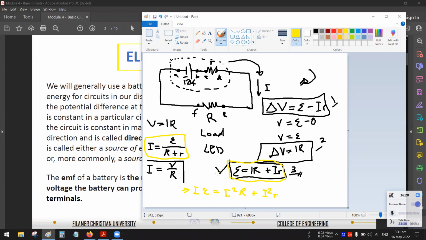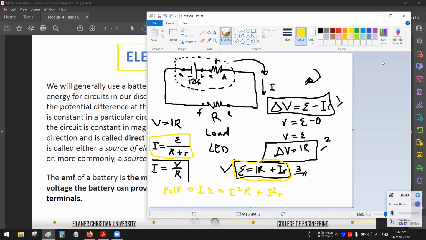So this can be your power ideally. Okay, which is power is equal to current times the voltage. Okay, ideal. Yeah, so P is equal to IV. Okay, can you guys follow?